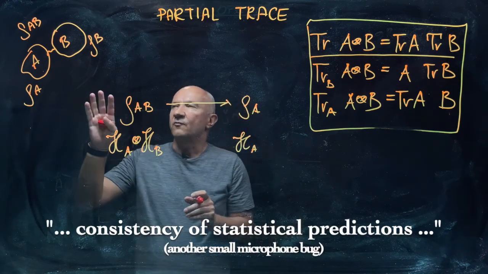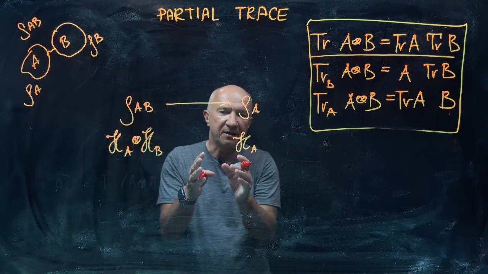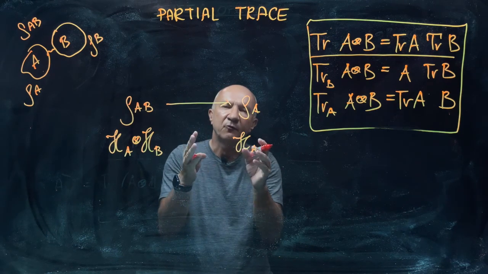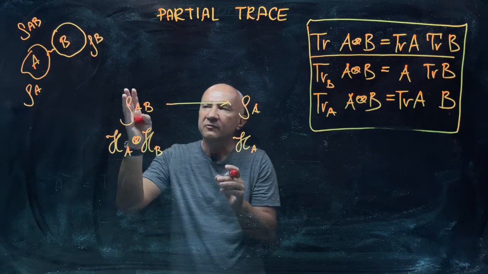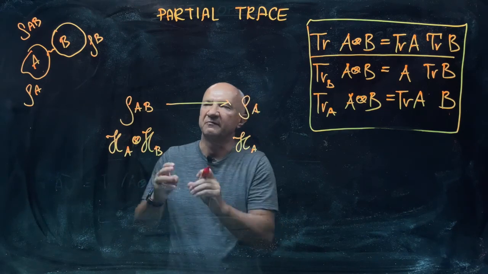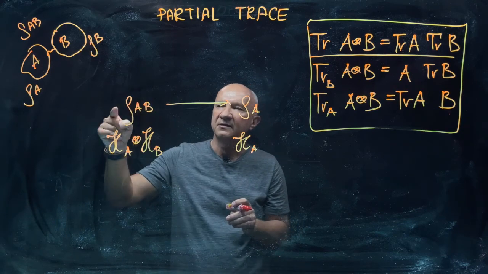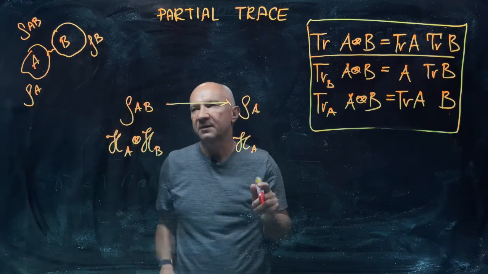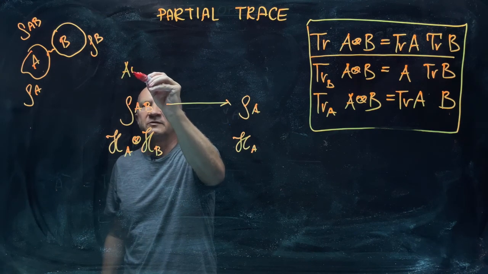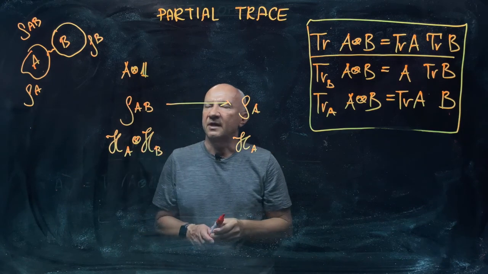So of course, even though we are going to perform measurements on subsystem A, we can, if we want to, use the density operator of the whole system for calculating statistical predictions, in which case we simply use the extended observable, say A tensor identity.